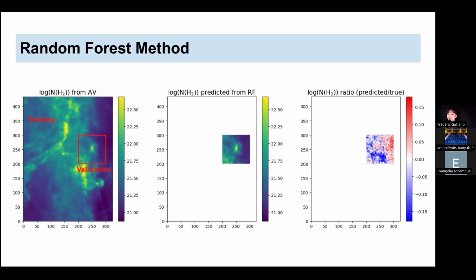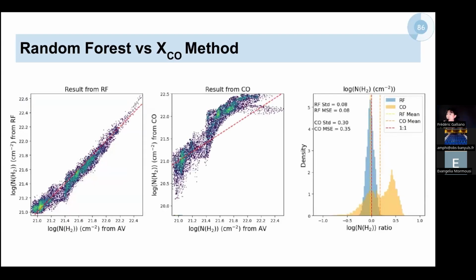If we plot the ratio in log space, you can see the ratio is quite close to 0, meaning we are getting a good result. When we compare our result from the random forest with the result from the traditional CO to H2 conversion factor, we can see that our result has a much more linear relation with the reference column density.